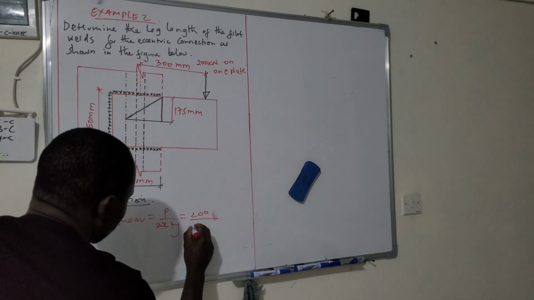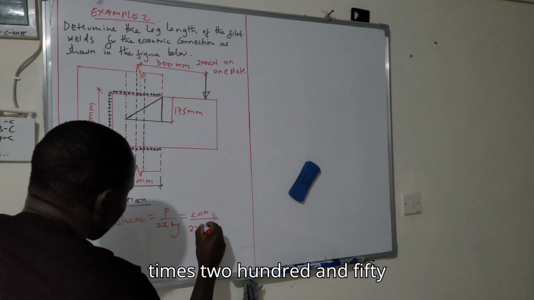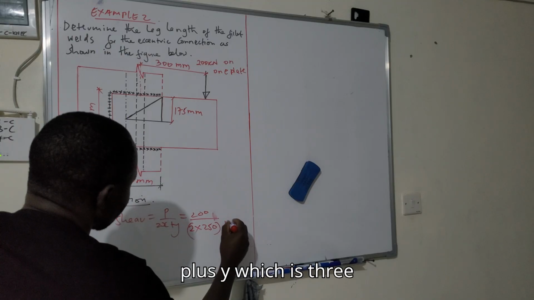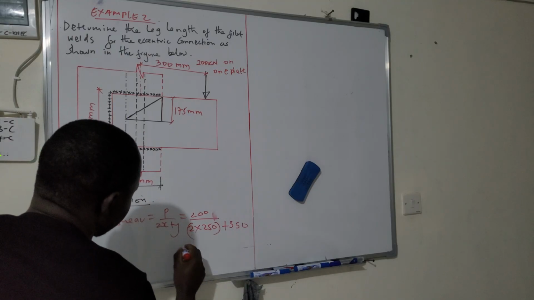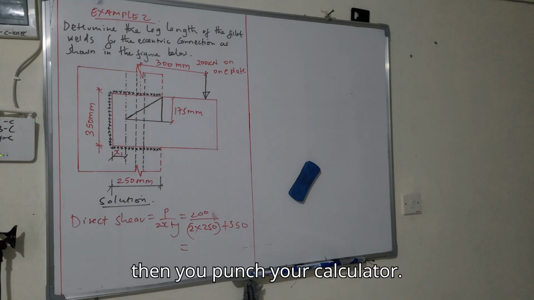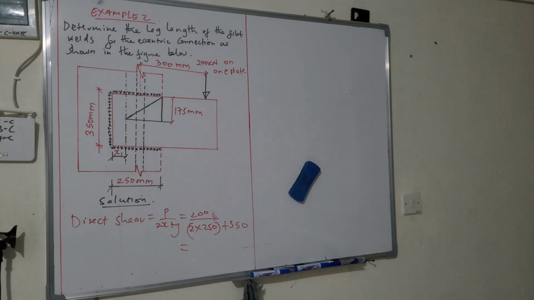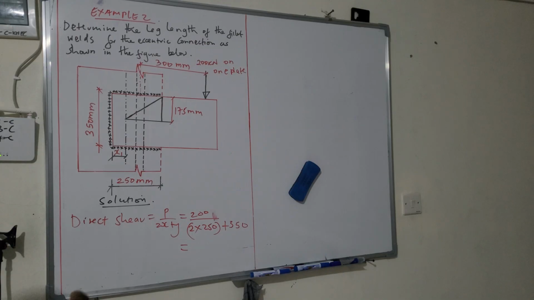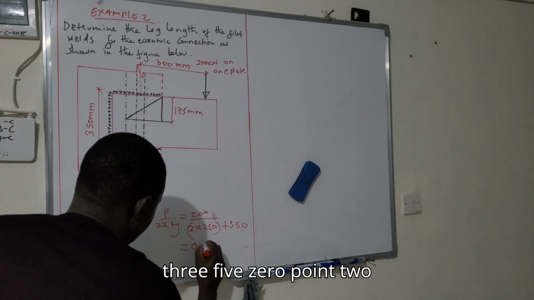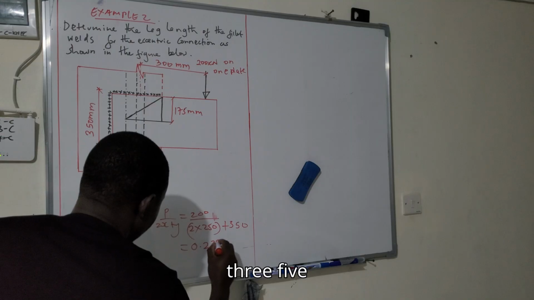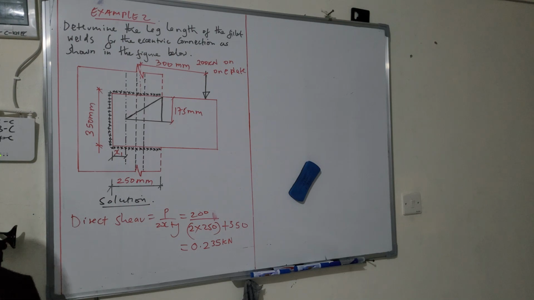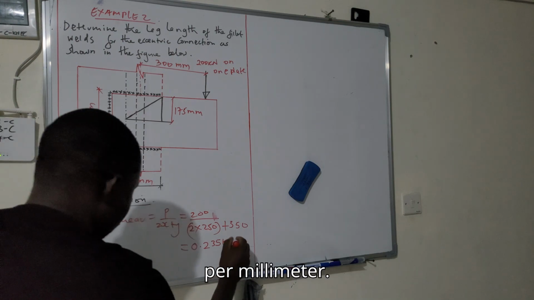So we have 200 over 2 times 250 plus y, which is 350. Then you punch your calculator. The answer is 0.235 kilonewton per millimeter.